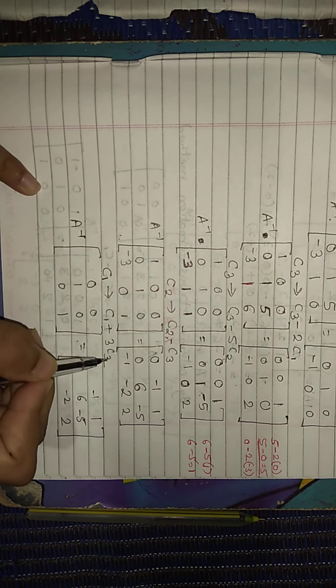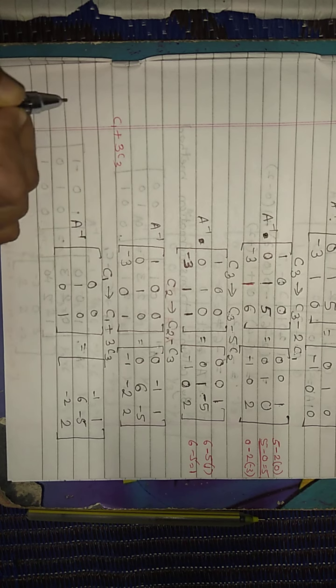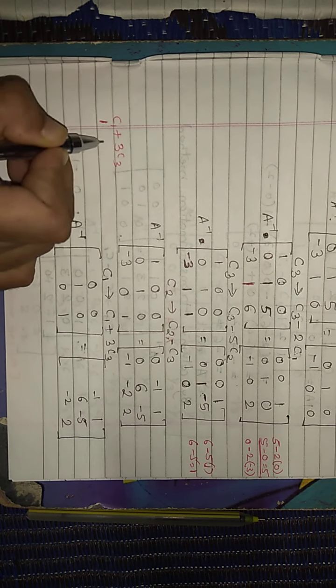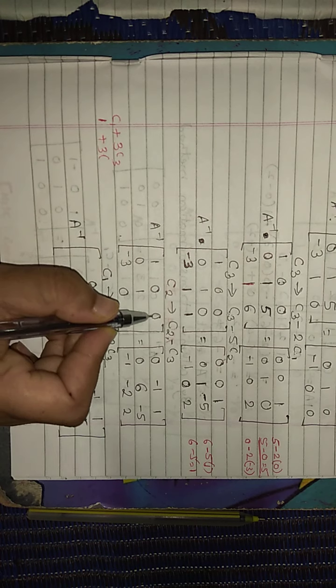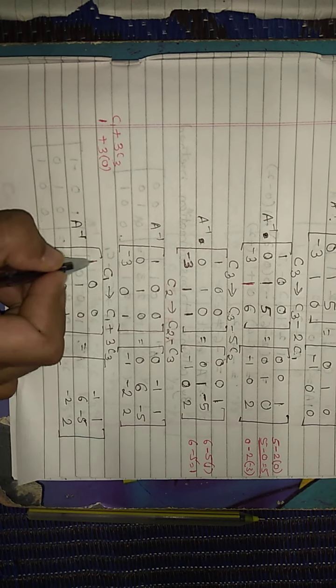Now C1 plus 3 times of C3. C1 element 1 plus 3 times C3 element 0. So 1 plus 0, 1.